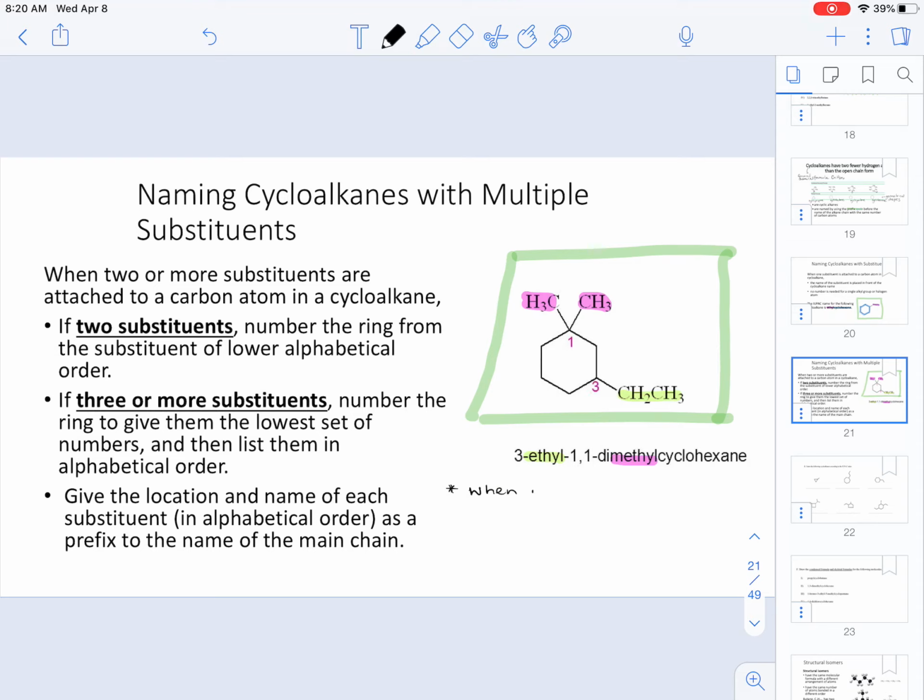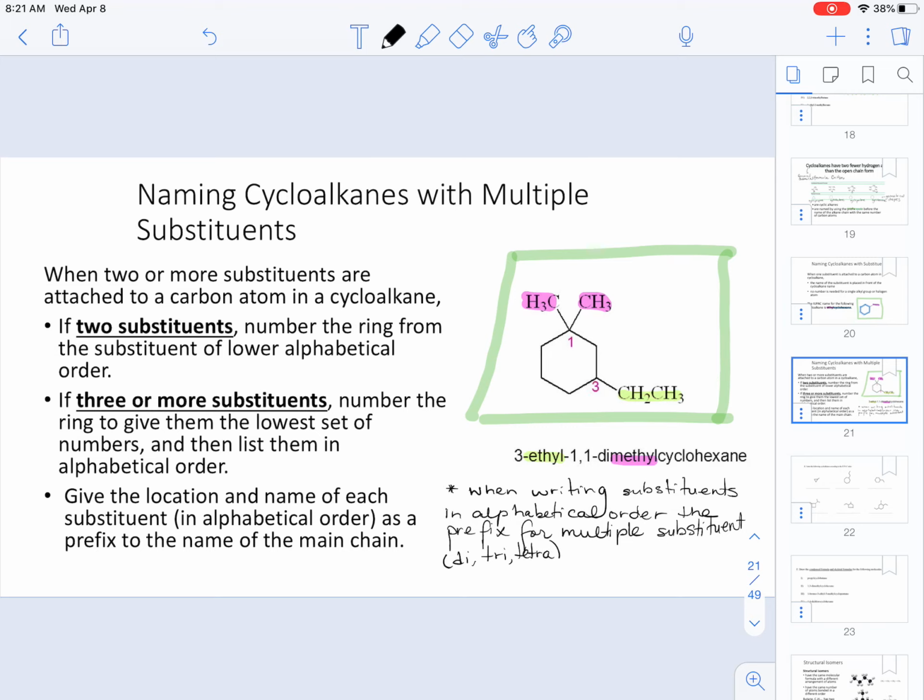When writing substituents in alphabetical order, the prefix for multiple substituents, meaning di, tri, tetra, is not considered.